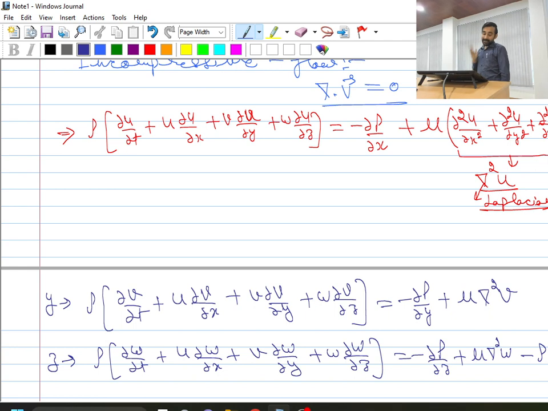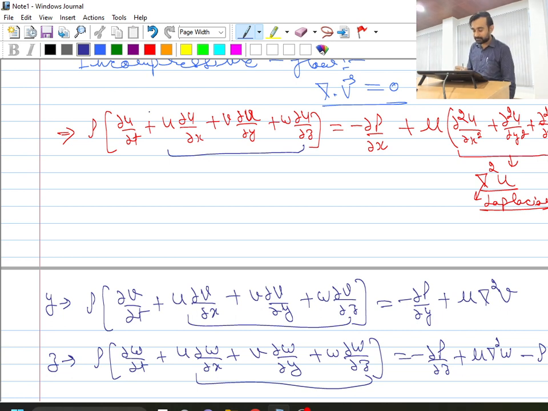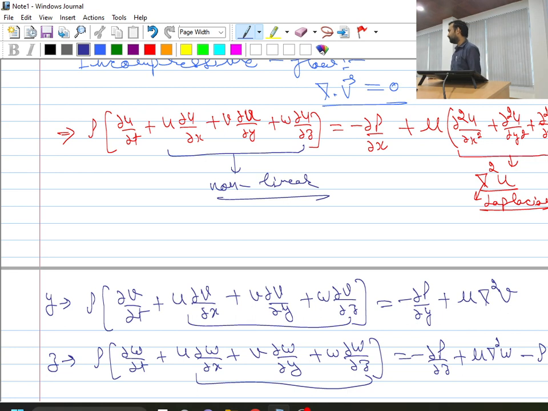Okay, but what are the challenges with this equation? If you see this entire term of convective acceleration, what is this term? This term involving convective acceleration is nothing but a non-linear term. So the mathematical difficulty is that it's a non-linear term.